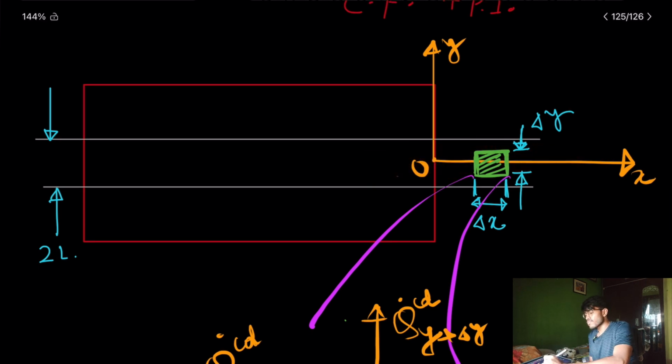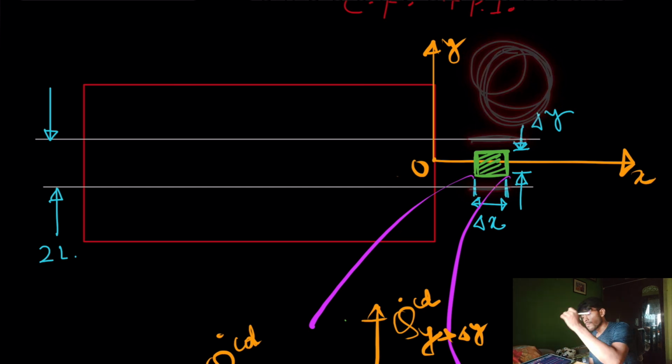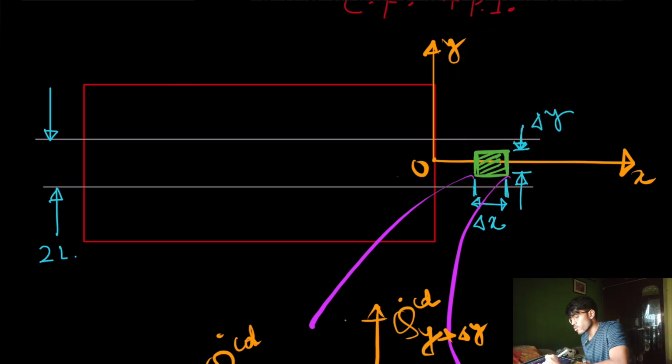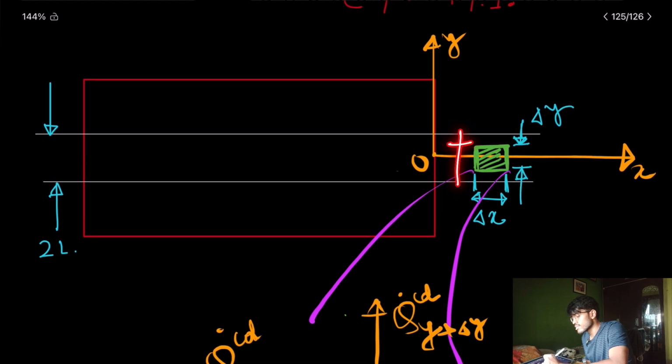Because you can see, if the control volume is inside the rod, then there is no question of heat convection. Heat convection will only happen at the surface, at the interface of the air inside the furnace and the rod. In the previous case my control volume was like this, because I neglected the temperature variation in this direction.